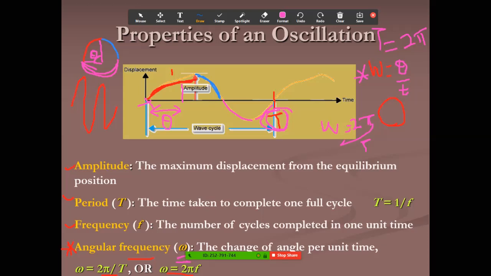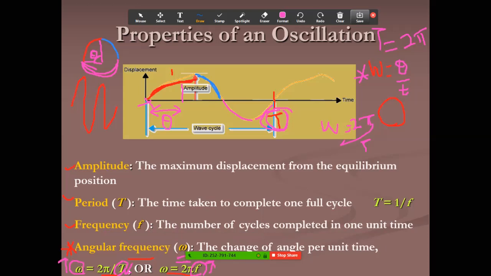That means the oscillation is quite slow. When the angular frequency is big, you should know that the period is getting smaller. Big angular frequency means higher frequency.